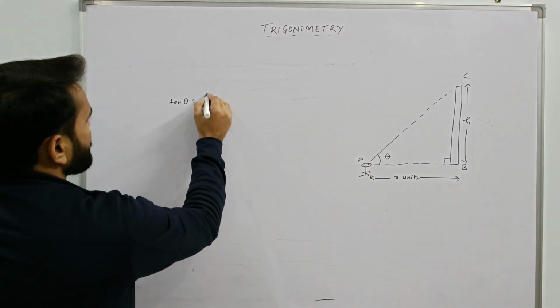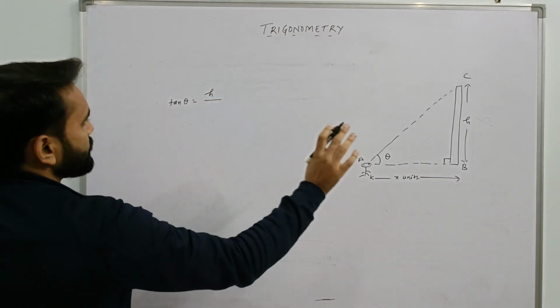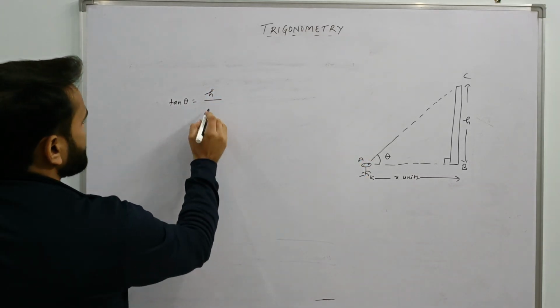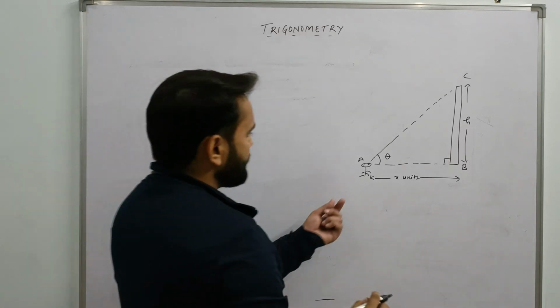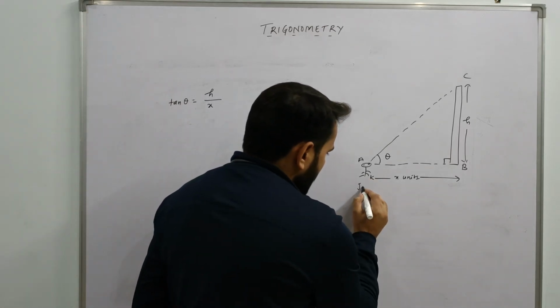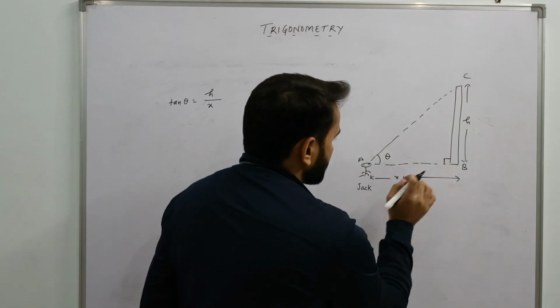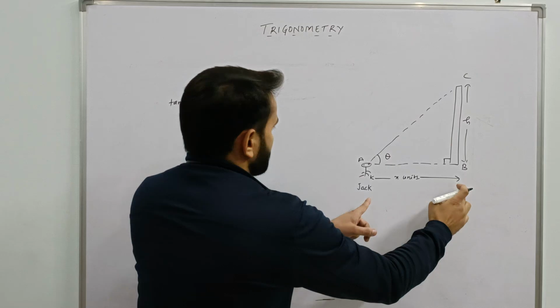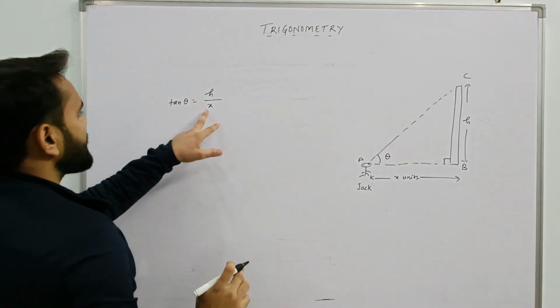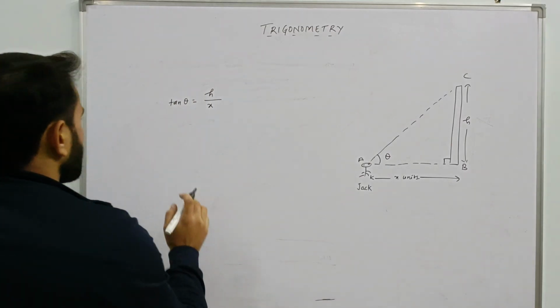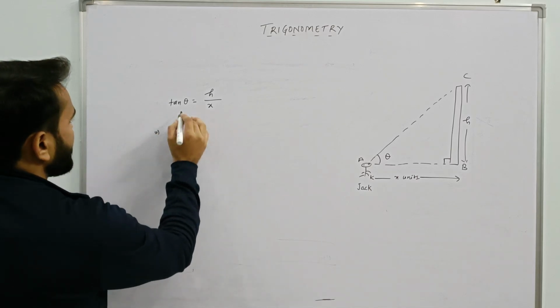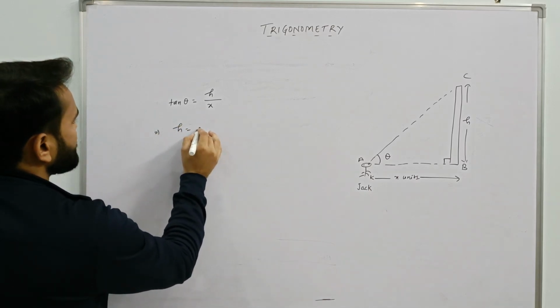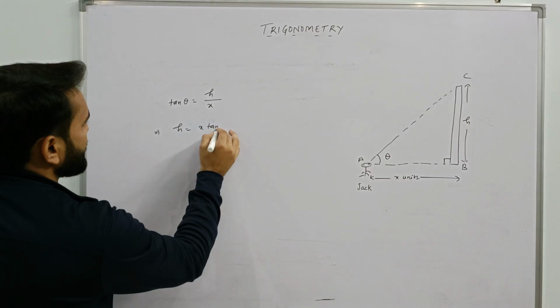So here perpendicular is h, that is height of that building, and base is distance of the boy from foot of the building. Okay, so see, if I know this base, which I am taking as x units, so from here I can see h will be equal to x tan theta.